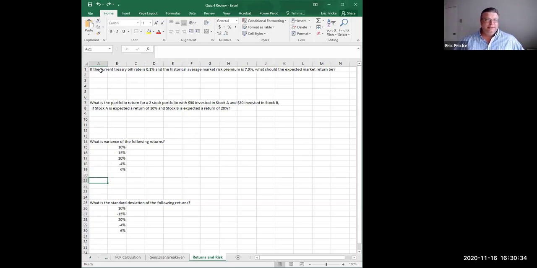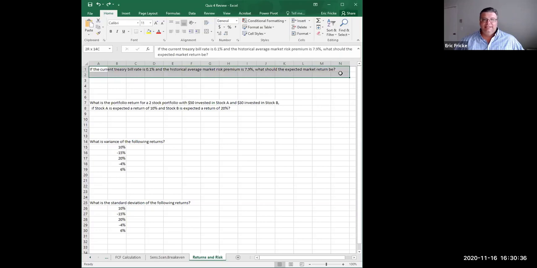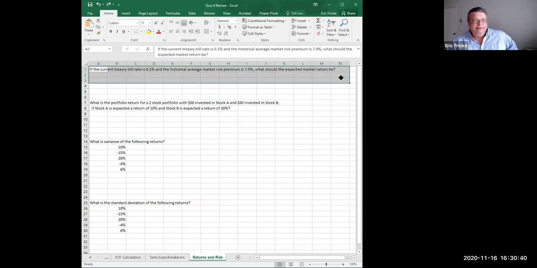Okay, so a little less involved questions here. These are from Chapter 11. If the current Treasury bill rate is 0.1% and the historical average market risk premium is 7.9%, what should the expected market return be?